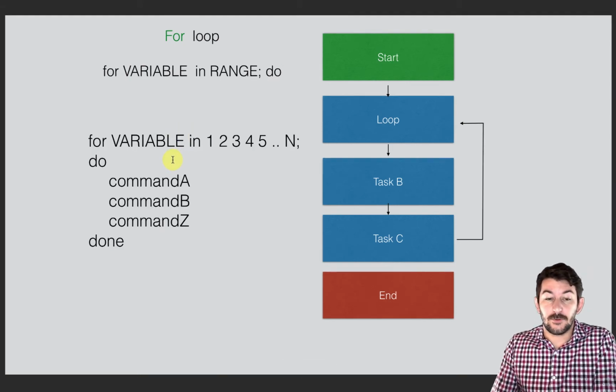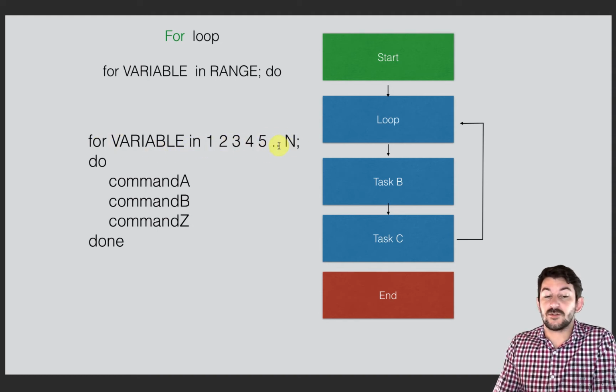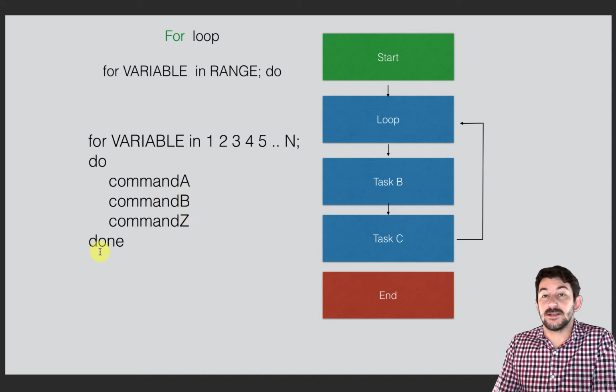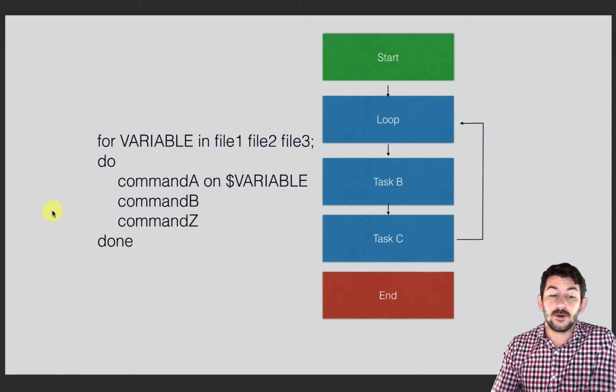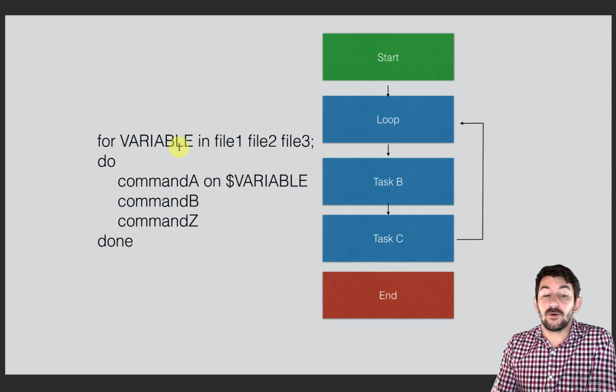So as an example, for a variable in 1, 2, 3, 4, 5, to, this could be to infinity, do command A, command B, command Z, and then done. This could be not numbers, but it could be files. For some variable in file 1, file 2, file 3, do command A on this variable here.